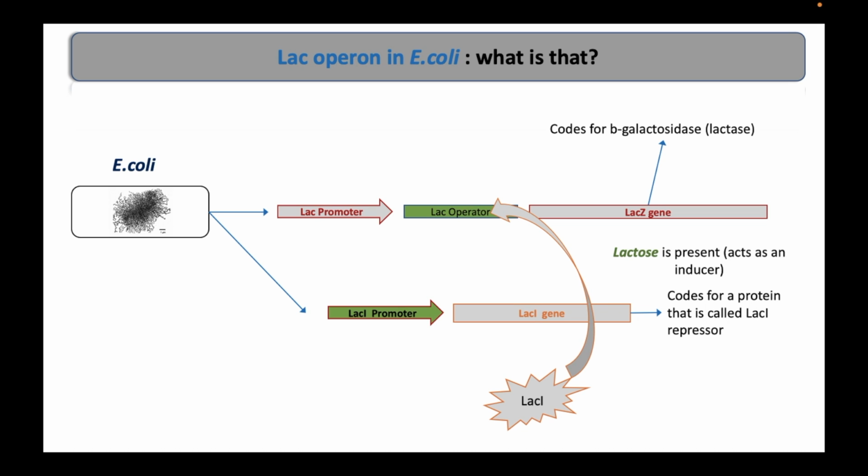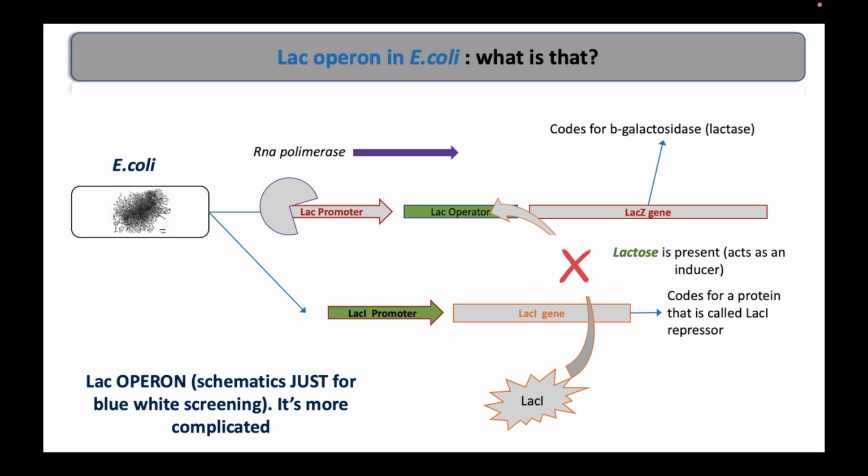But once lactose is present, lactose itself will prevent LacI from binding to the Lac operator. So basically it acts like an inducer for the LacZ gene. Of course, this will allow RNA polymerase to attach to the promoter, and the transcription will begin. So basically the bacteria will make lactase.